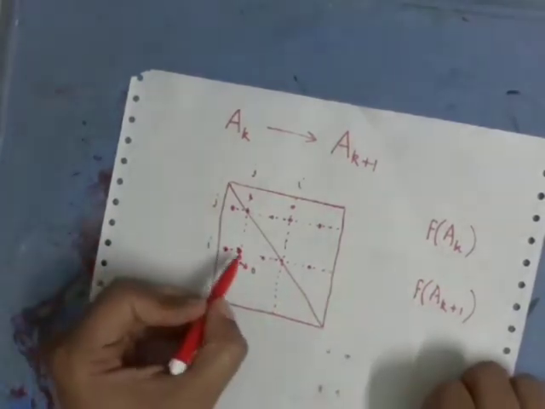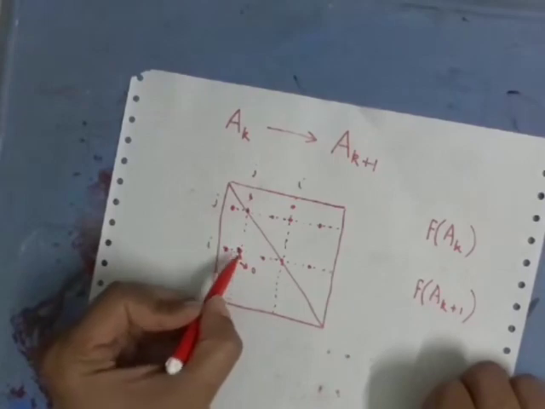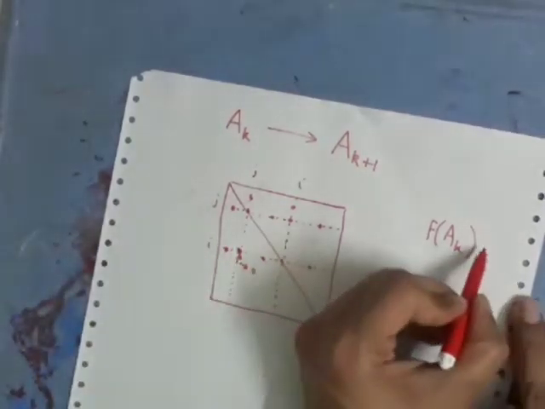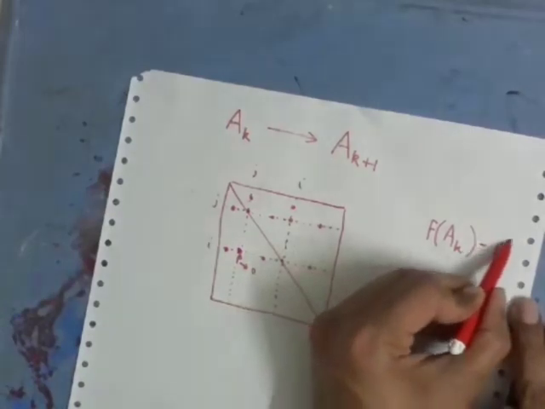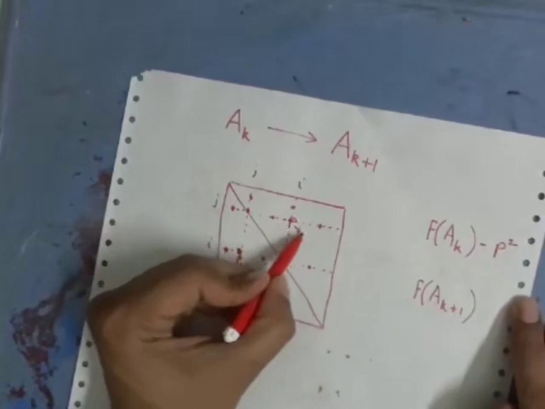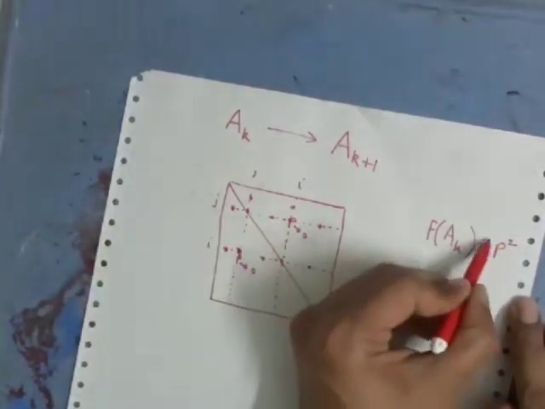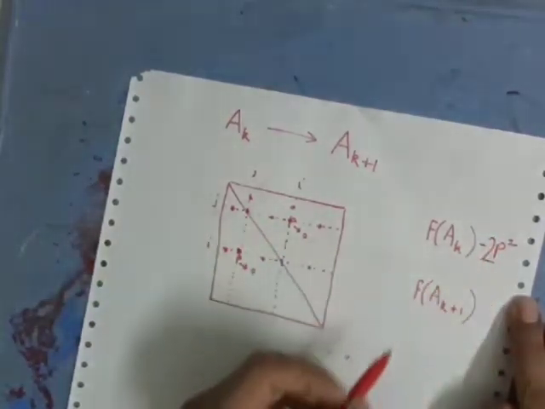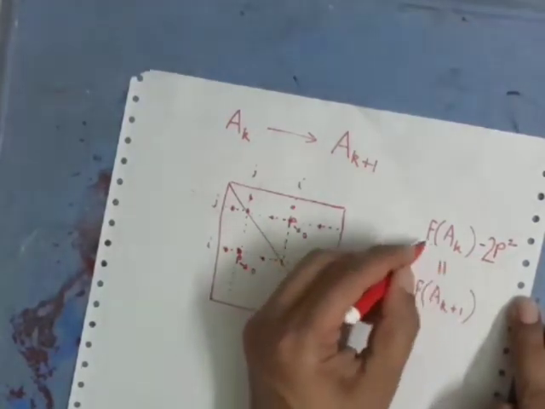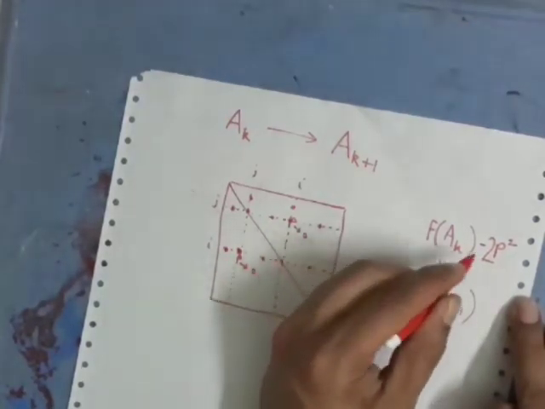So how does it change? This off-diagonal entry p will become 0, and there the total sum of squares will lose 1 copy of p squared. Similarly, this p will also become 0, and there we shall lose another p squared. So f of A k plus 1 will be f of A k minus 2p squared.